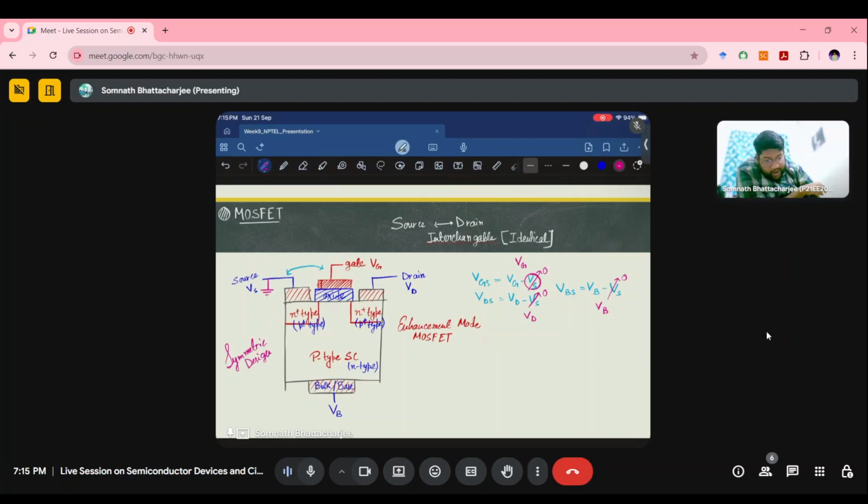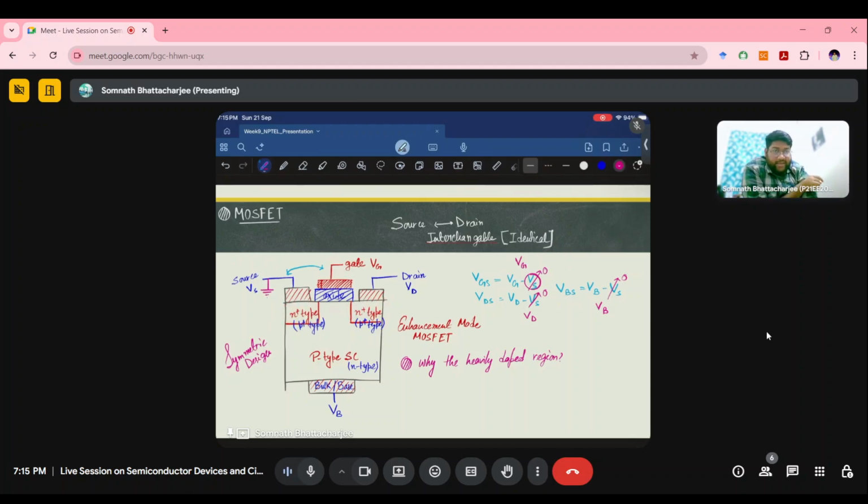Another part is why the regions are heavily doped. There's a particular reason why this region and this region are heavily doped.